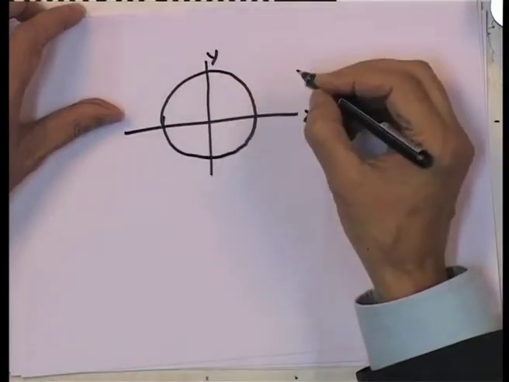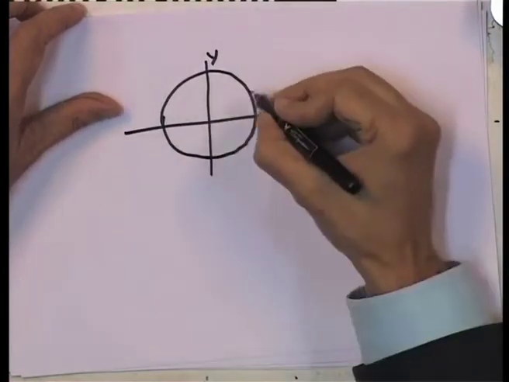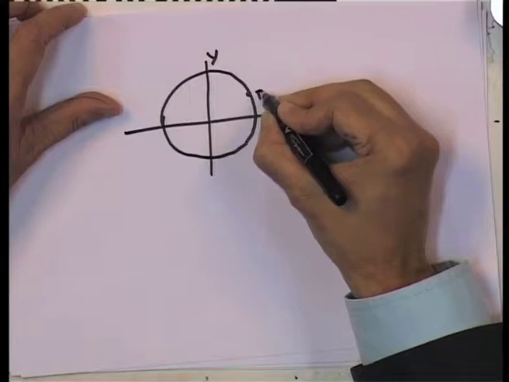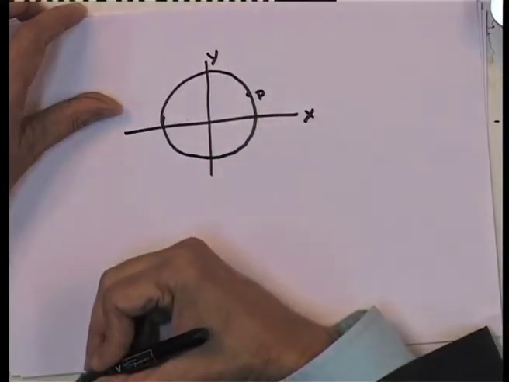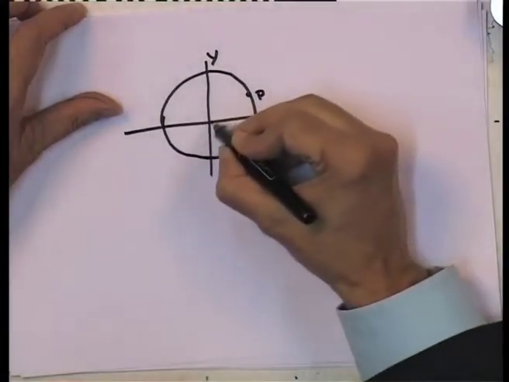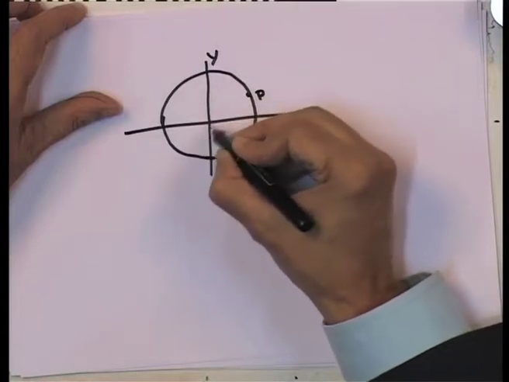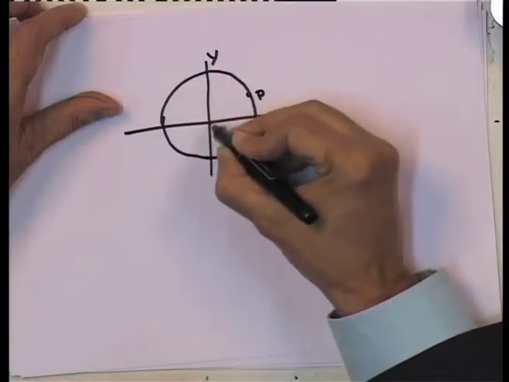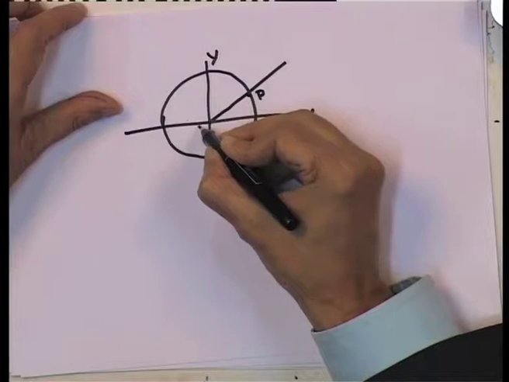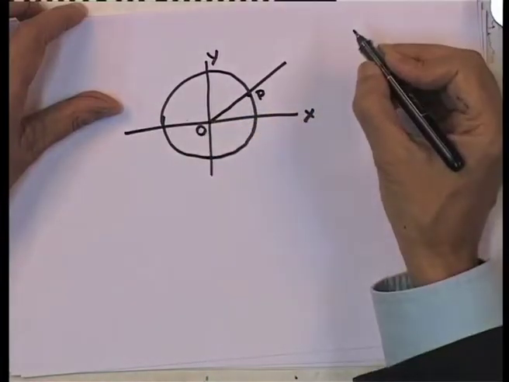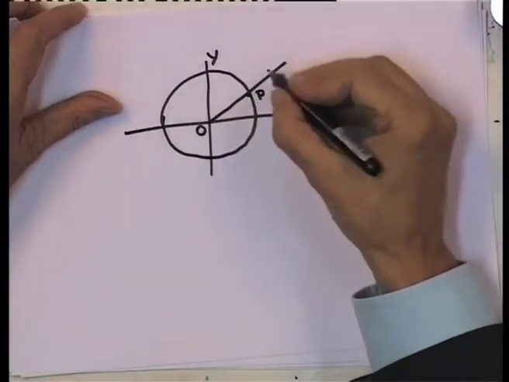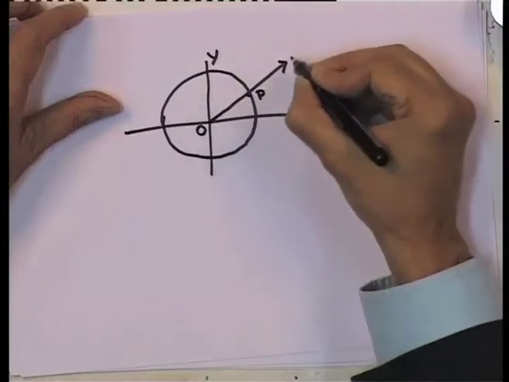Instead of taking x and y, supposing I am looking at a point P. The direction from the origin to the point P, that is the origin of the axis, this base to the point P, this I call the radial direction.